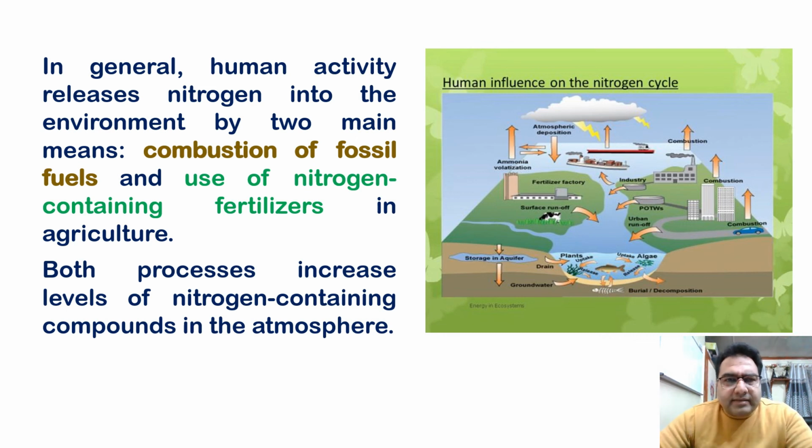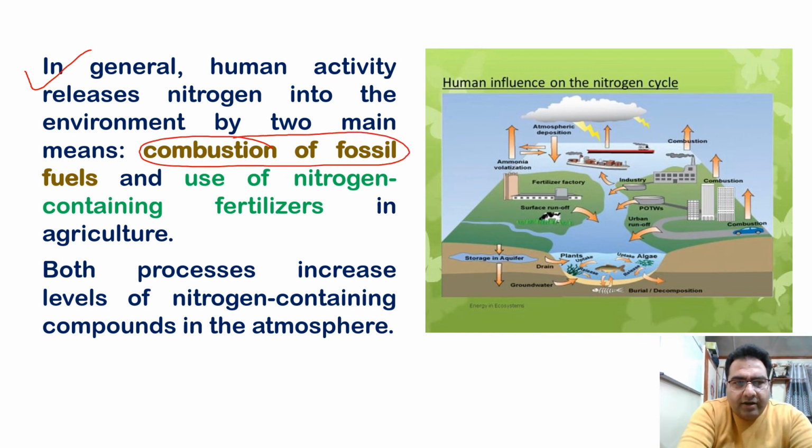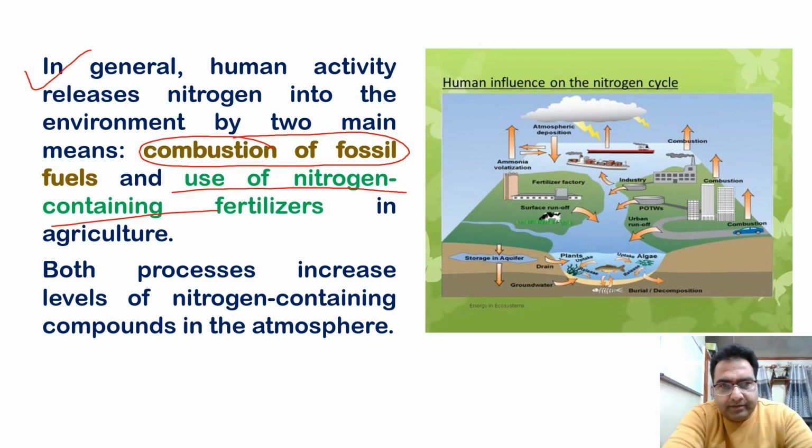In general, human activity releases nitrogen into the environment by two main means: combustion of fossil fuels and use of nitrogen-containing fertilizers in agriculture. Both processes increase the nitrogen-containing compounds in the atmosphere.